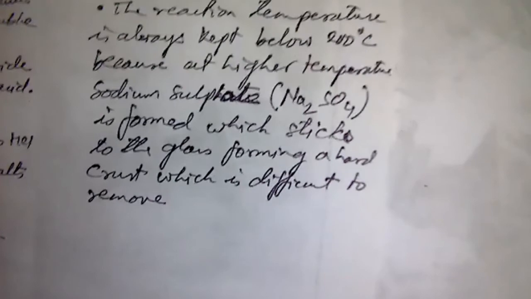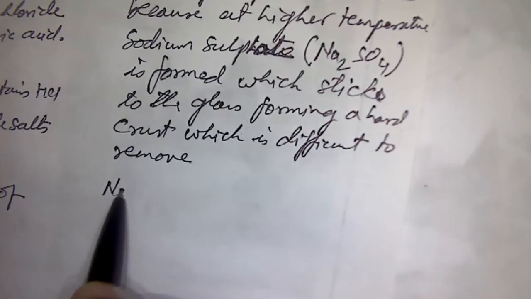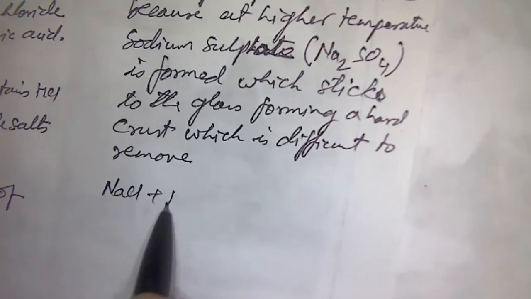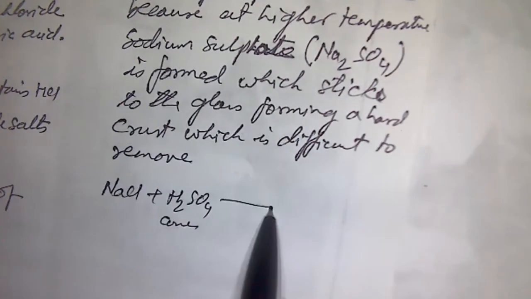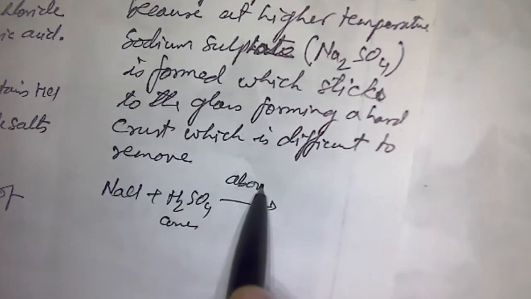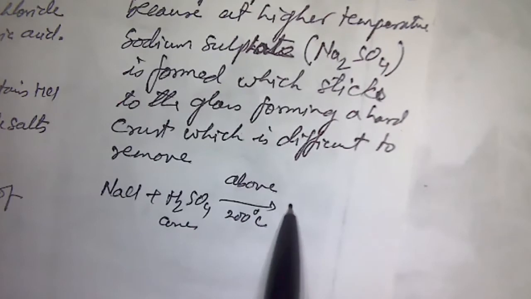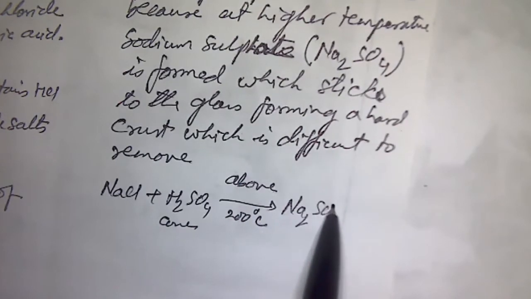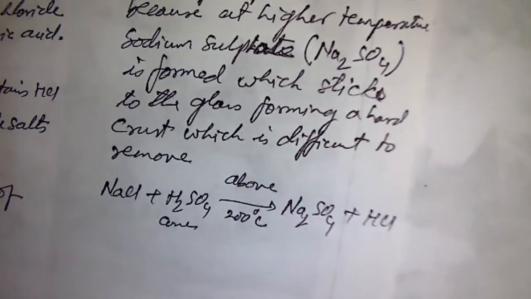Clear? So the next thing, here the reaction I'll give you: NaCl is reacting with concentrated H2SO4. The temperature is above 200 degrees Celsius now. What will it form? Na2SO4 plus HCl. It's not that HCl is not formed.